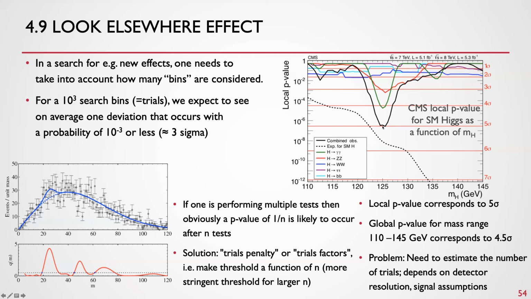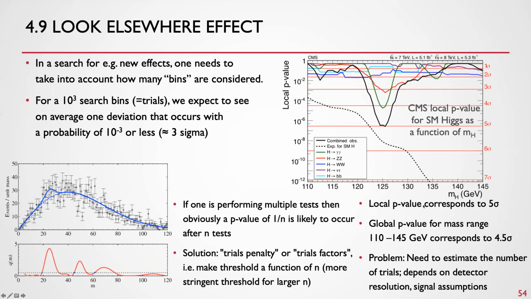Okay, but we have to take into account that we did not only search at 125, we searched in the whole mass range. And by simulating what we do, trying the different mass hypotheses in these various searches, this amounts to a reduction of the global p-value with respect to the local p-value.